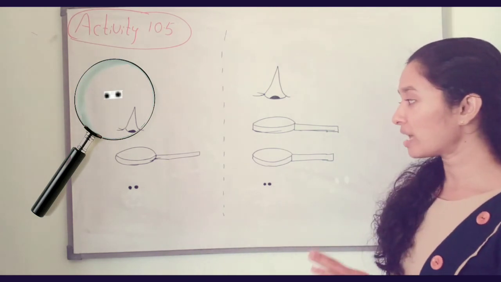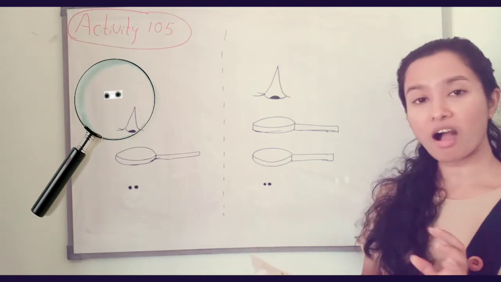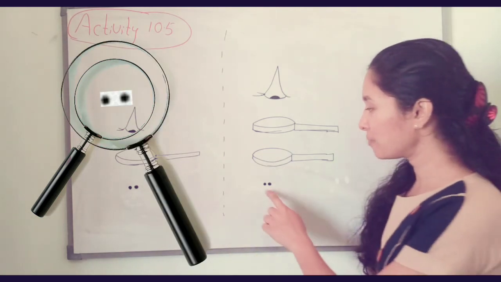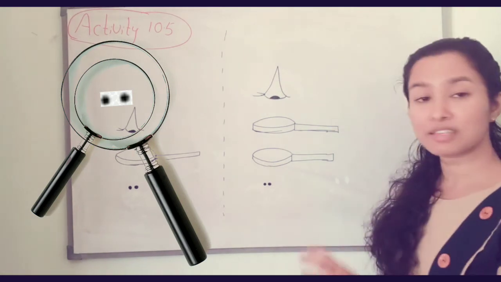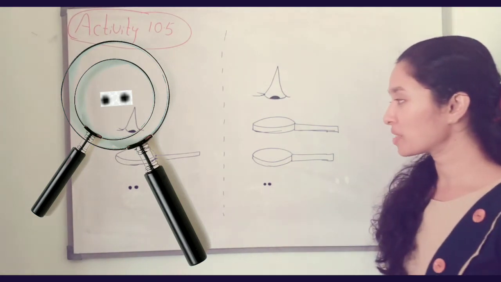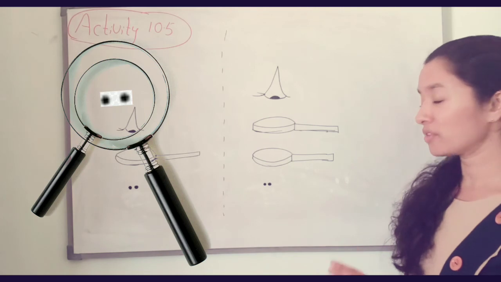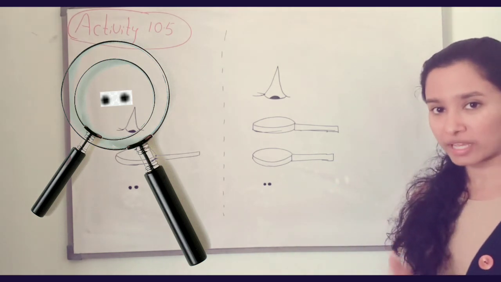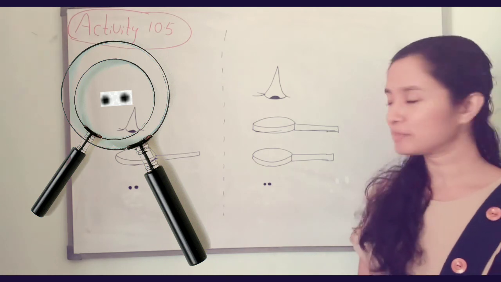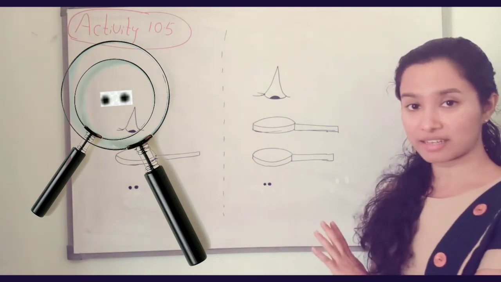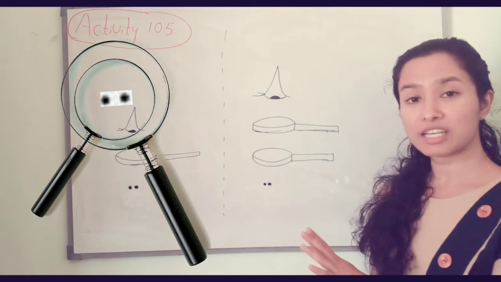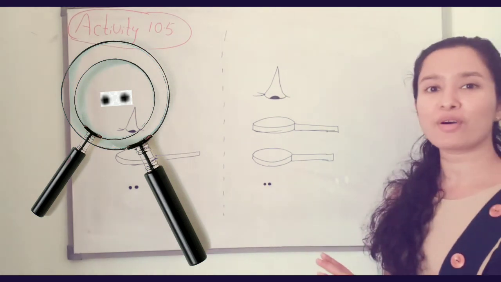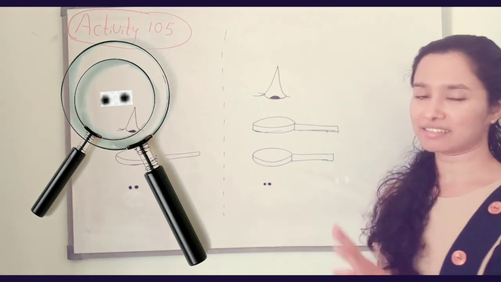Here you can observe high magnification and a larger distance between the two dots when using two hand lenses. Okay, is it clear? When using two hand lenses, the magnification has increased and the resolving power has also increased.